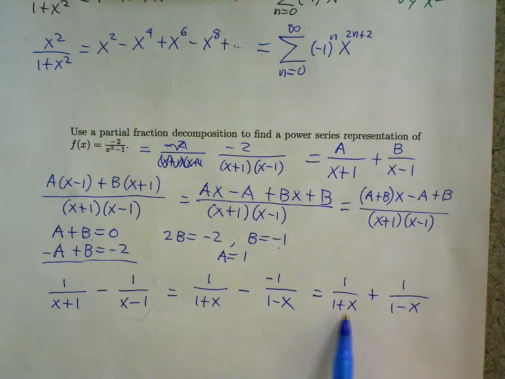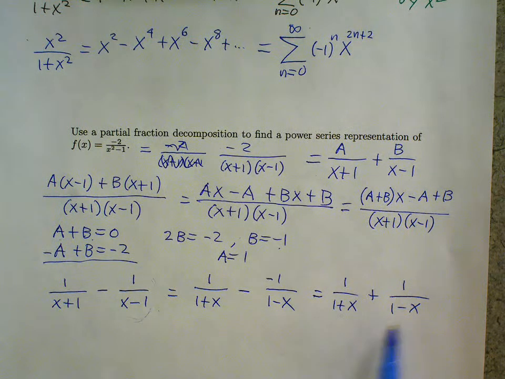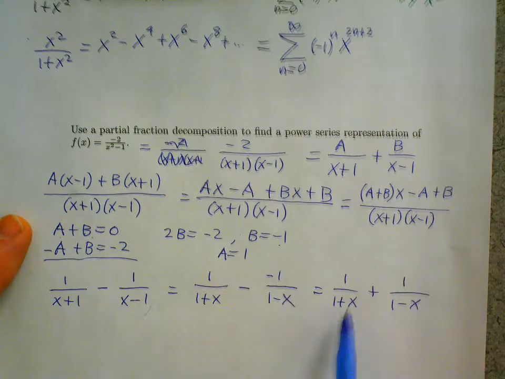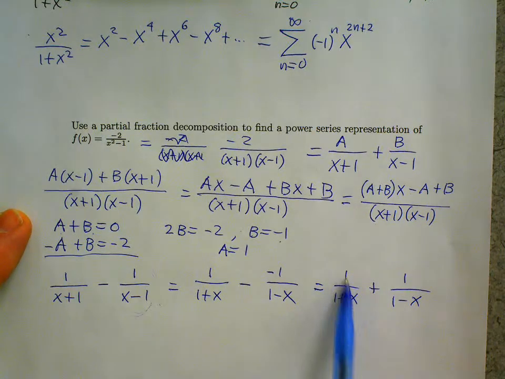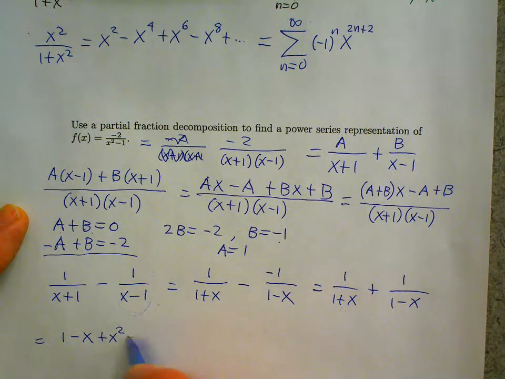We saw the power series representation for 1 over 1 plus x and for 1 over 1 minus x. So we'll rewrite those power series representations. For 1 over 1 plus x, that's 1 minus x plus x squared minus x to the third plus x to the fourth, and so on.